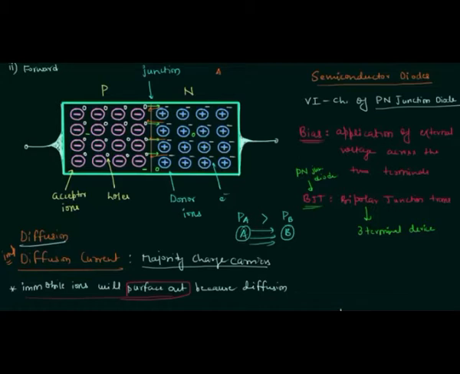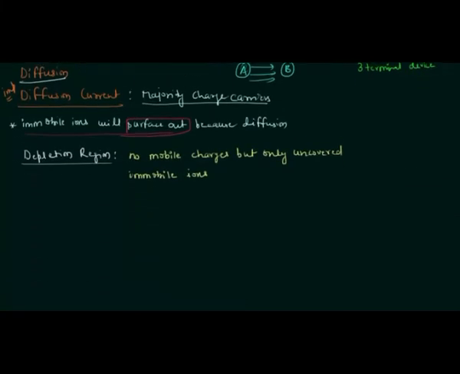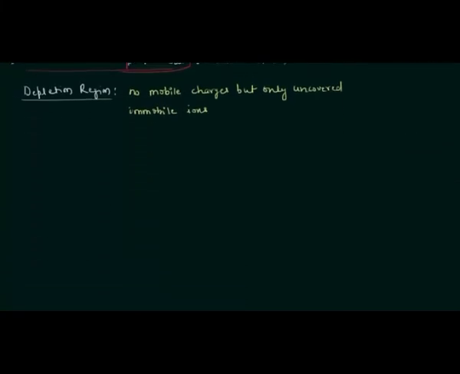So I will try to draw the depletion layer quickly. These things are very important because this will help you understand the basics, and after this you can understand any concepts in analog electronics.